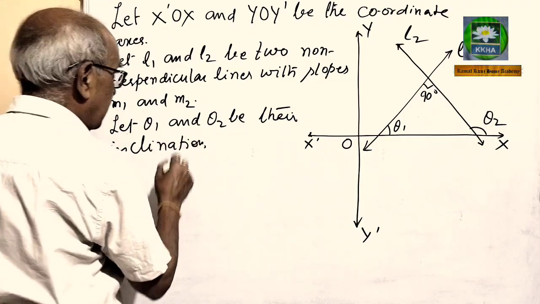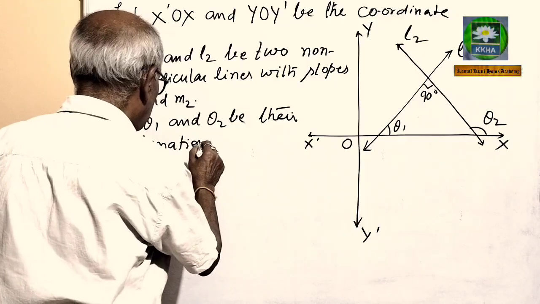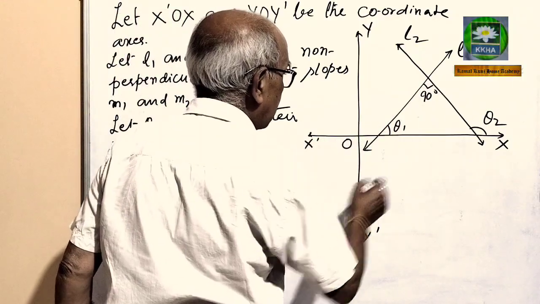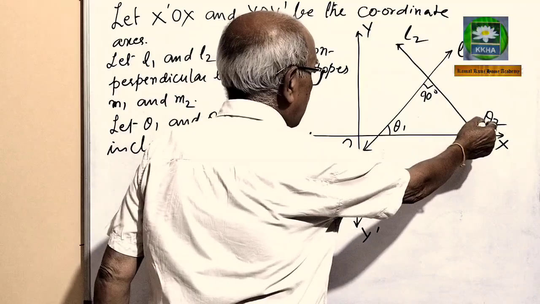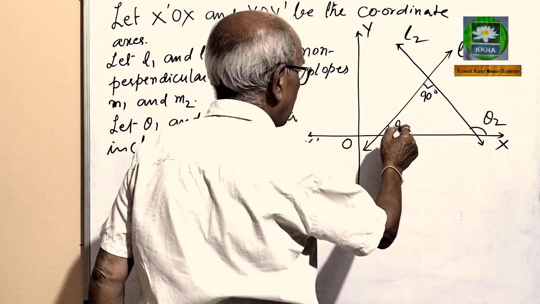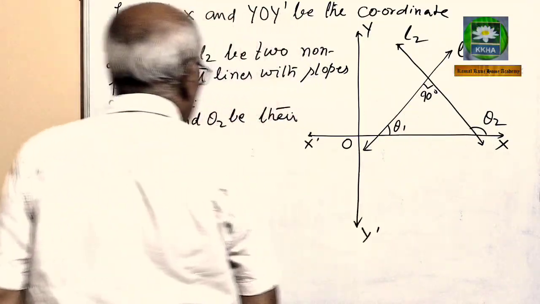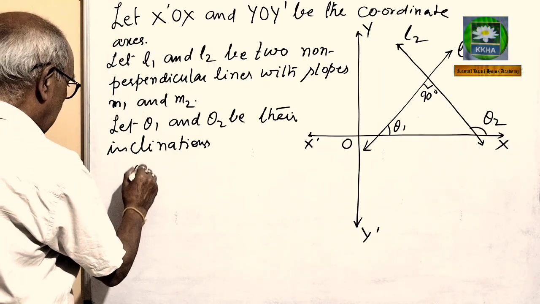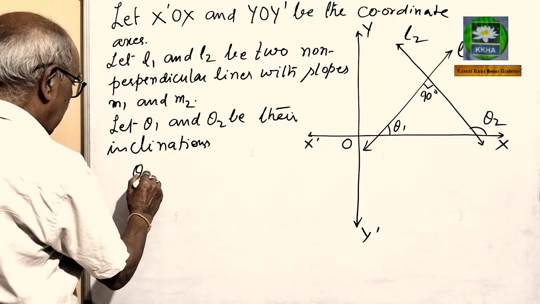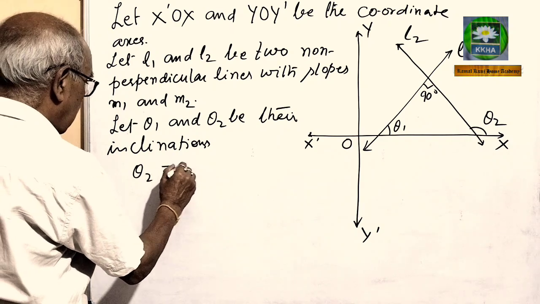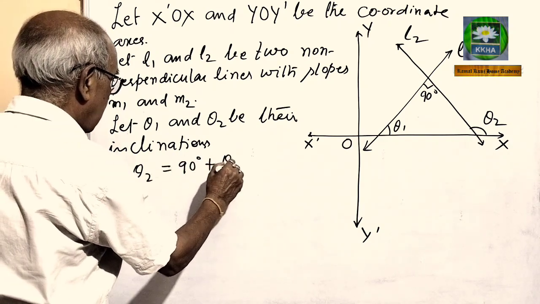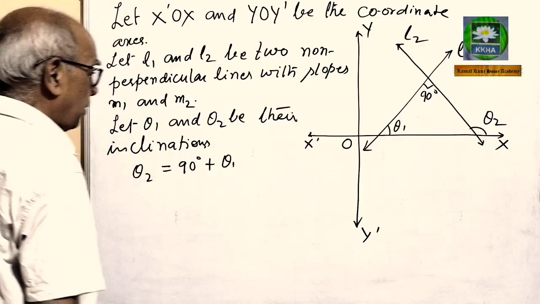Since theta 1 and theta 2 are their inclinations and this angle is 90 degrees, therefore theta 2, that is the exterior angle, is equal to the sum of the two remote interior angles. So theta 2 will be equal to 90 degrees plus theta 1.